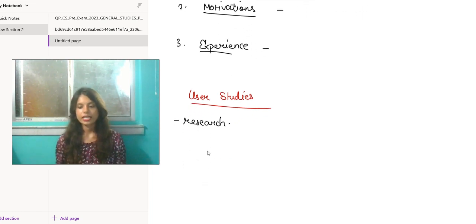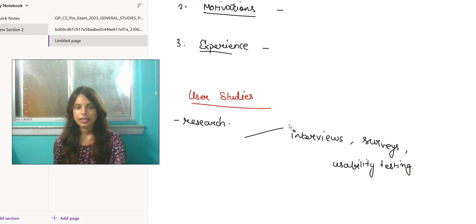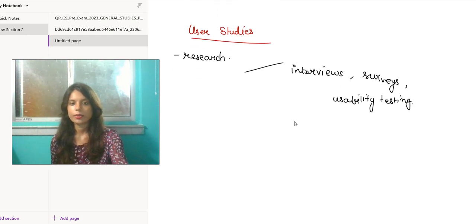Okay, so user studies can be conducted in a variety of ways, such as through interviews, through various surveys, and through usability testing. So based on these, user studies can be quite fruitful.